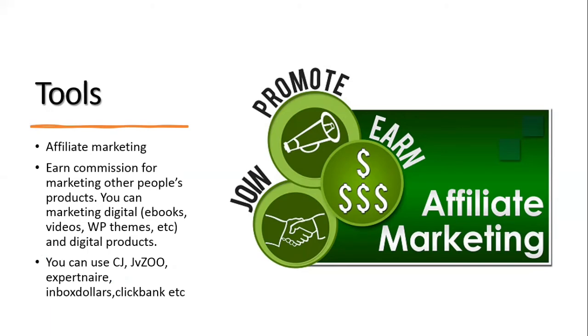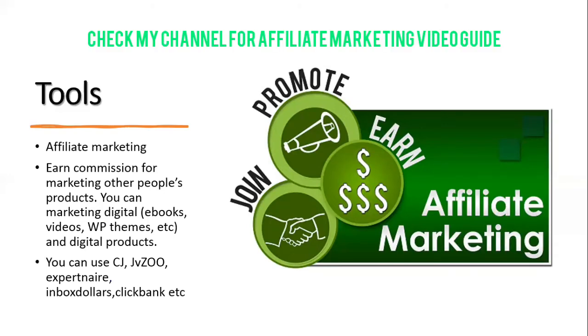As I explained in my affiliate marketing beginners course, affiliate marketing is a way to sell other people's products while getting commission from it. You can sell other people's digital products. Affiliate marketers majorly market digital products. What are digital products? They may be ebooks, they may be subscriptions, they may be videos on trainings, etc.